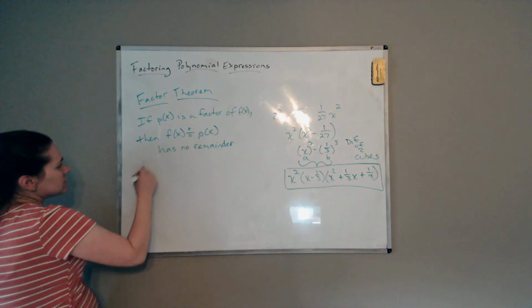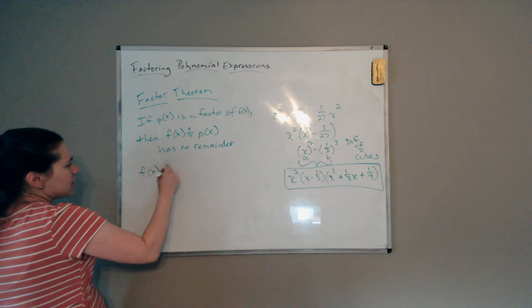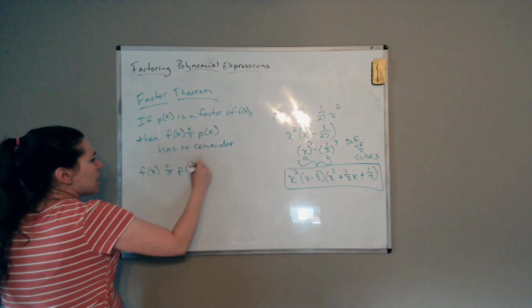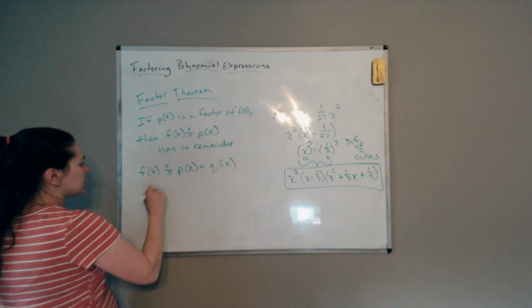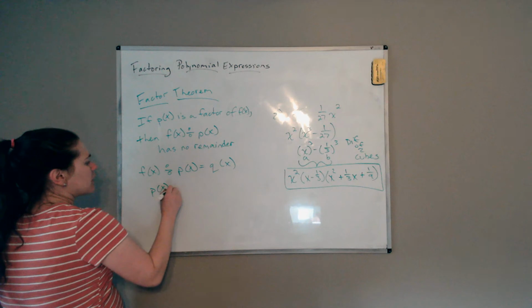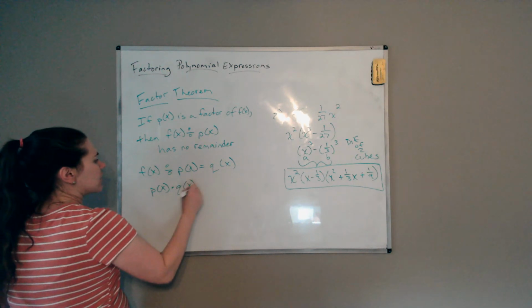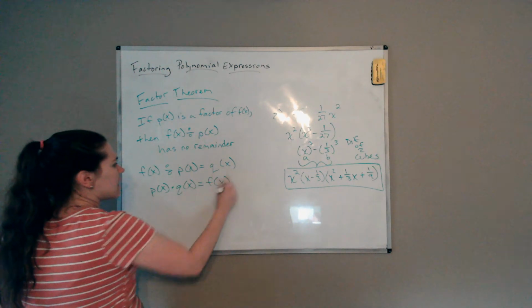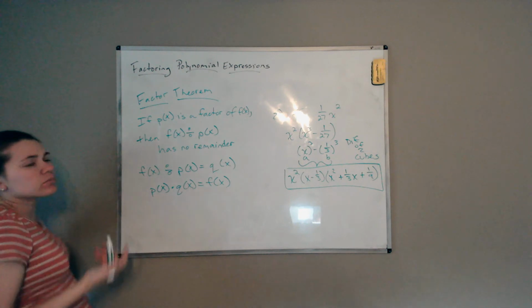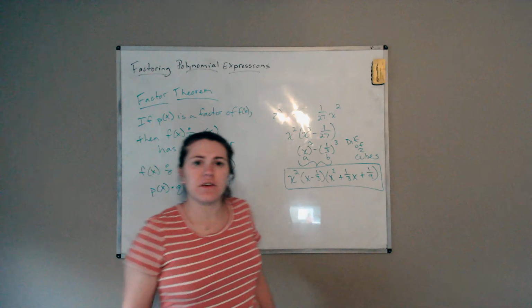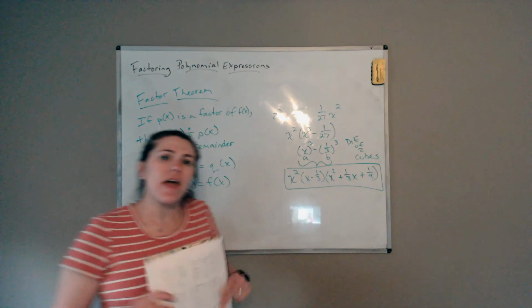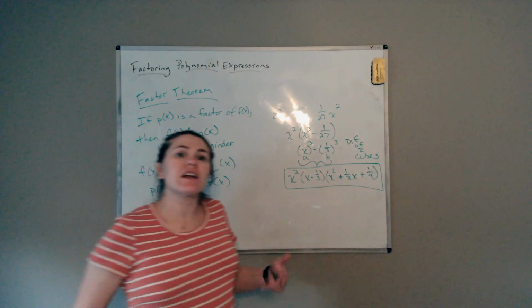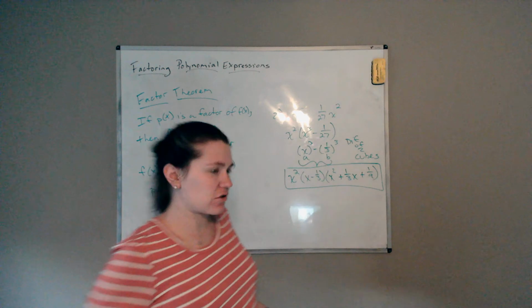And what that means is, if I took f of x and divided it by p of x, I would get a quotient, which we could call q of x. And so if I took p of x and multiplied it by q of x, I should get back f of x. When you're a factor, it means you divide evenly. If you divide evenly, that means the remainder would be 0. And being a factor means you can write it as a product of its factors.